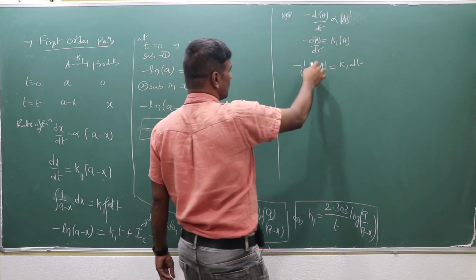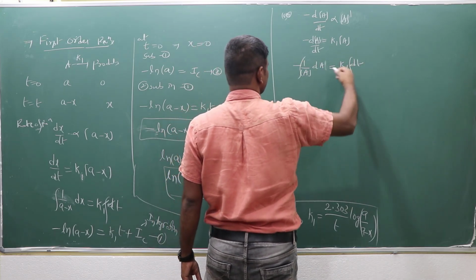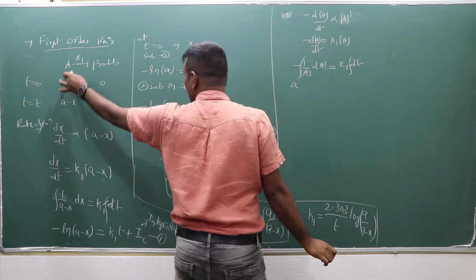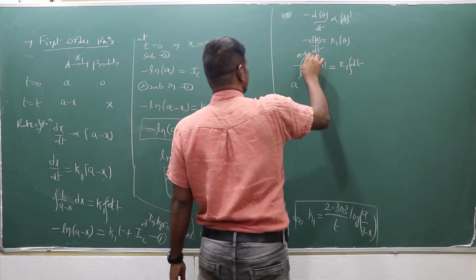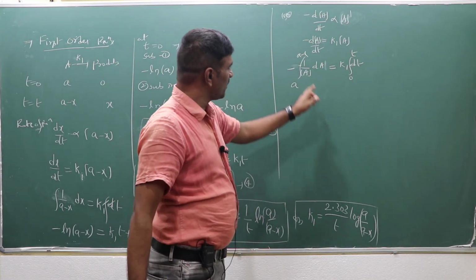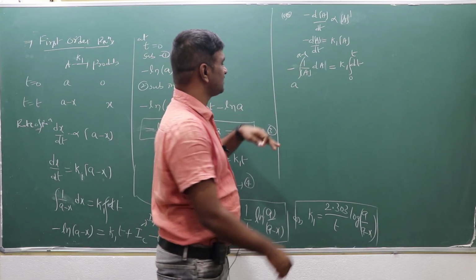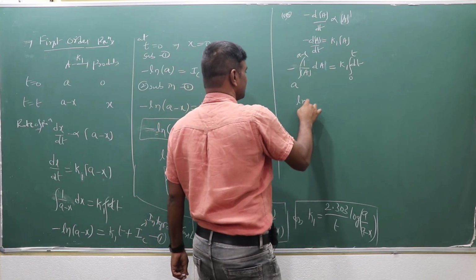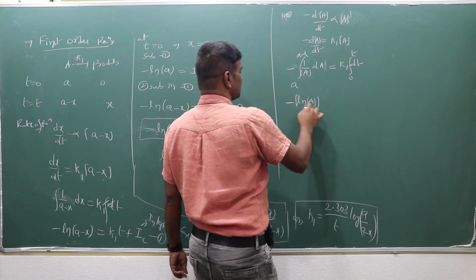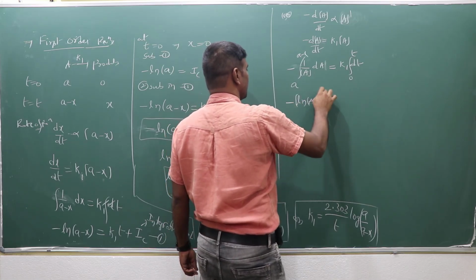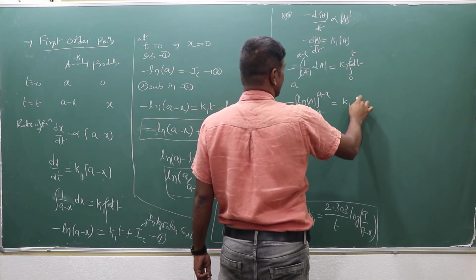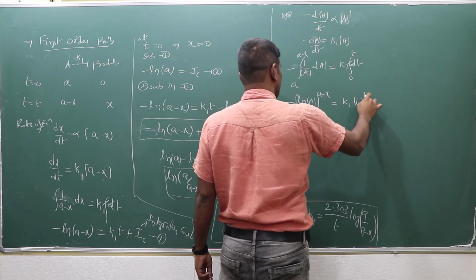If we apply integration on both sides and apply limits, the concentration of A changes from A to A minus x, and time is 0 to t. What will happen? Integration of 1 by A into dA is ln A. The concentrations change from A to A minus x, equal to k1 into the integration with limits 0 to t.